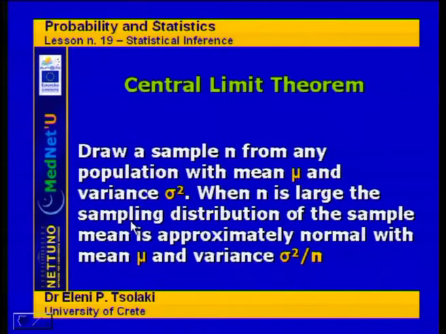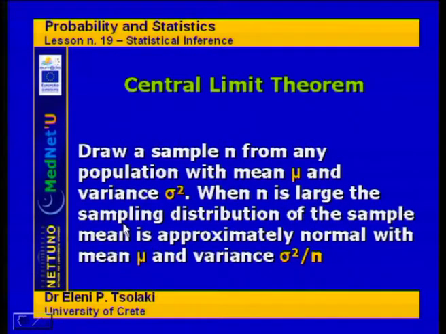So the importance here is that we said we draw a sample n from any distribution, from any population. We do not require the population to be normally distributed. And we have that when n is large, this is important too.